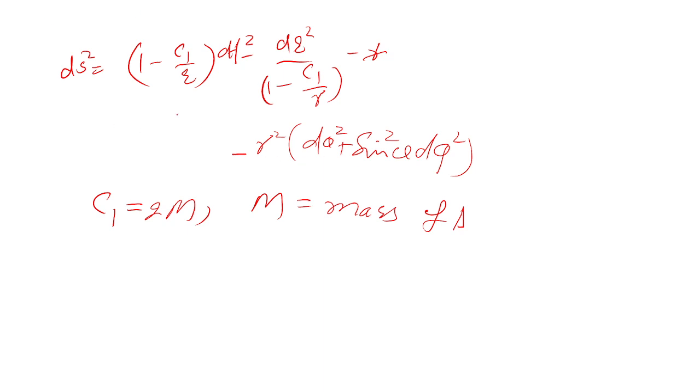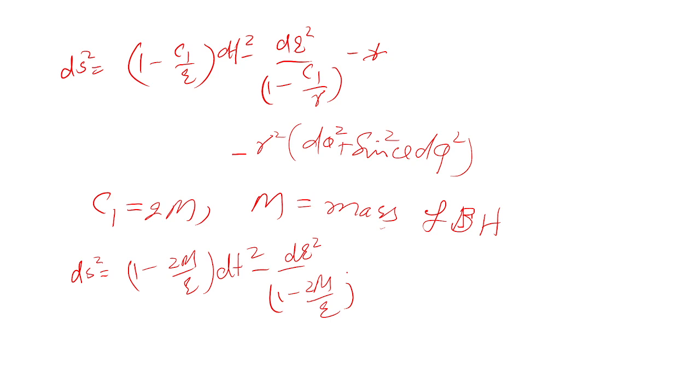So when I put c1 to be 2m, the metric will take this form: ds square is 1 minus 2m over r dt square minus dr square over 1 minus 2m over r minus r square d theta square plus sine square theta d phi square. So this is the Schwarzschild metric.